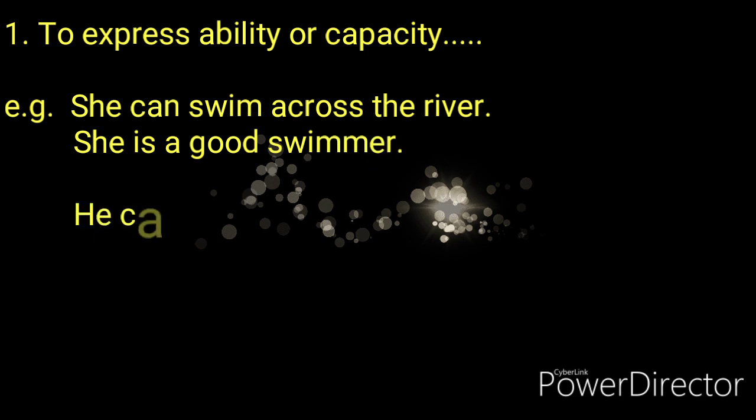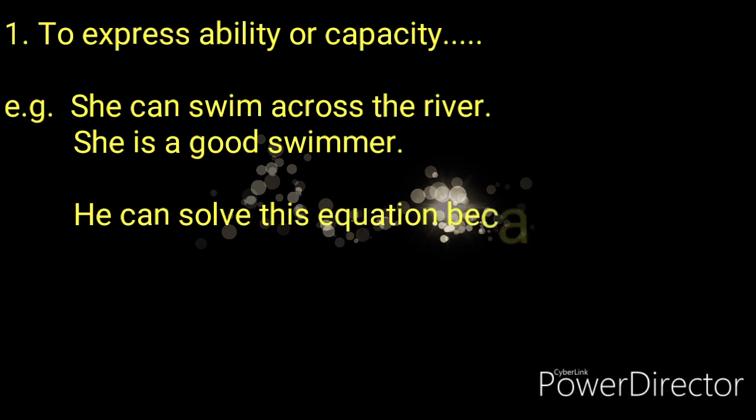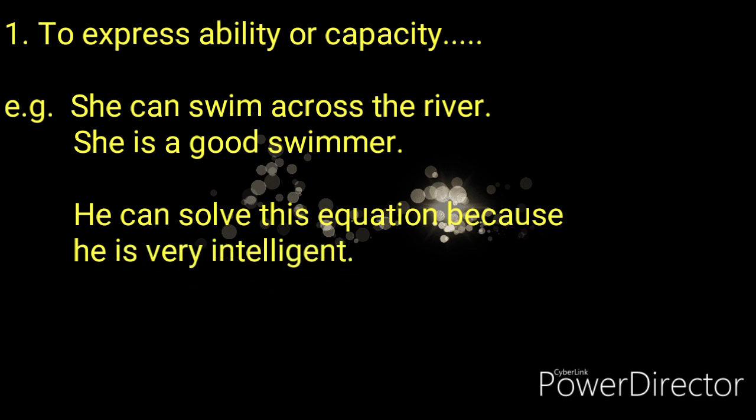She is a good swimmer, and that's why she is able to swim across the river. This sentence shows that the incident is of present time and the person is strong enough to cross the river. So we have to use can here because it is showing the ability or capacity of the person.